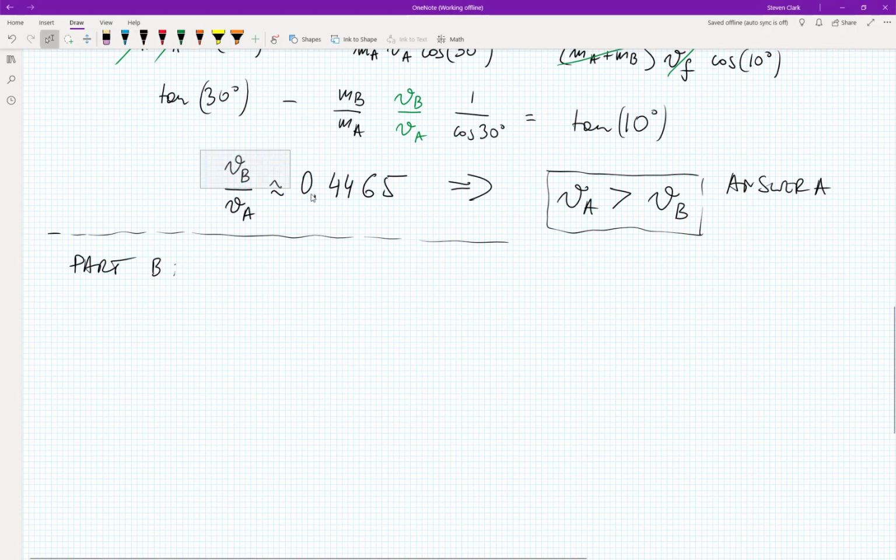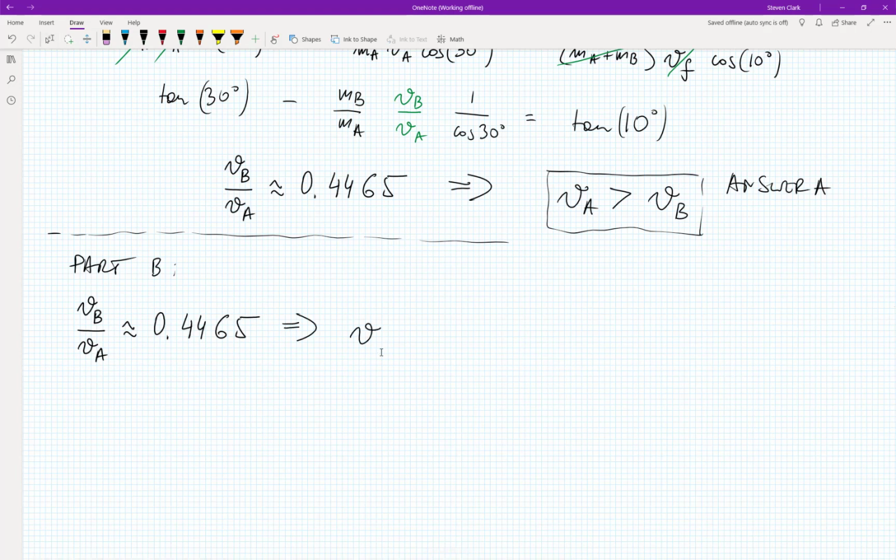So if this is true, that means that our VA is approximately VB divided by 0.4465. And they told us to set VB to 30 miles per hour.